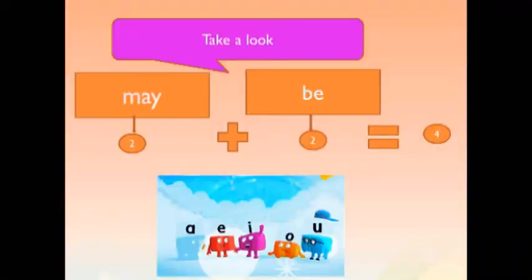Take a look. The word maybe: May has 2 phonemes, and B also has 2 phonemes. 2 plus 2 equal 4. So there are 4 phonemes in the word maybe.